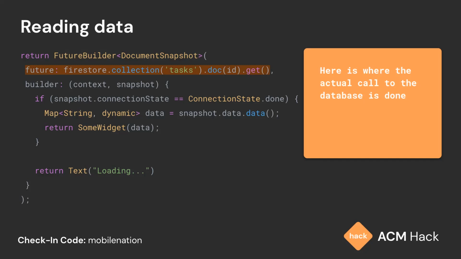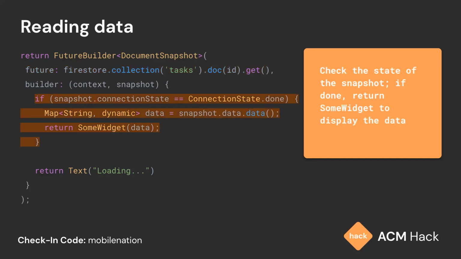So if we have firestore.collection tasks doc.get, this essentially gets the document with a specified ID, but it doesn't do it automatically. This is an asynchronous call, so whenever you call this, it's going to take some time, and we need to know when it's finished. That's done in this next step, where we check the state of the snapshot.